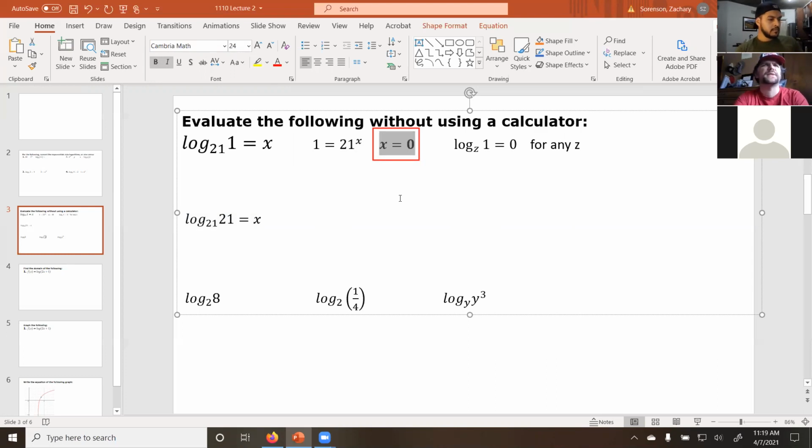Okay, so what does this equation translate to as an exponential?